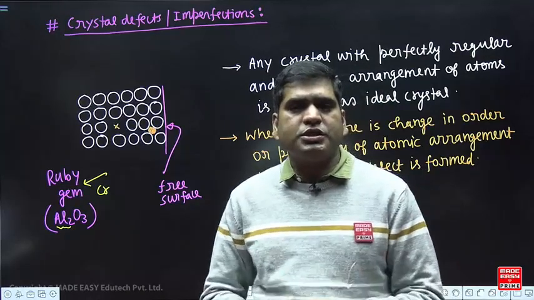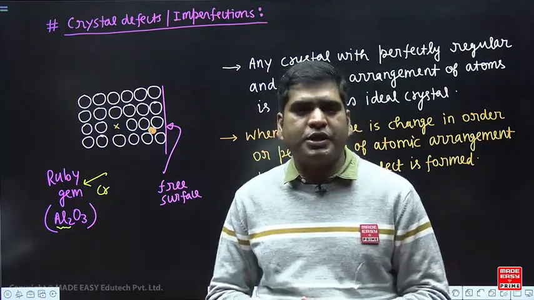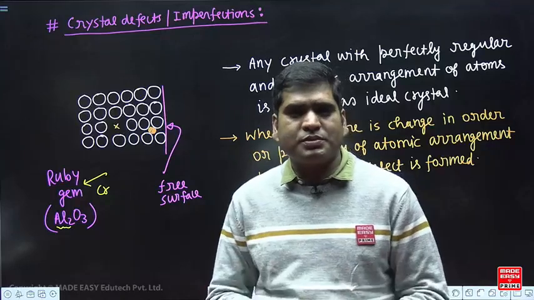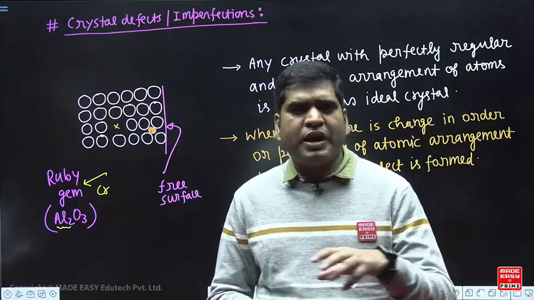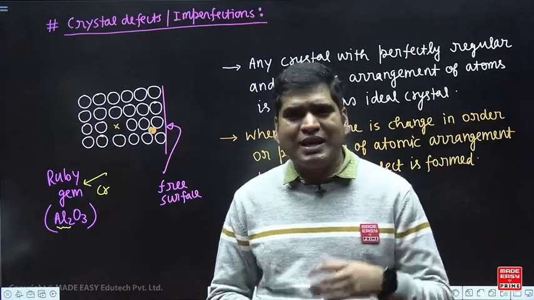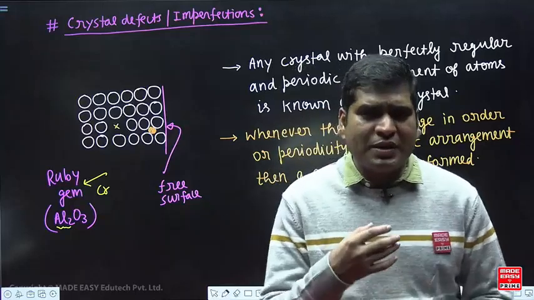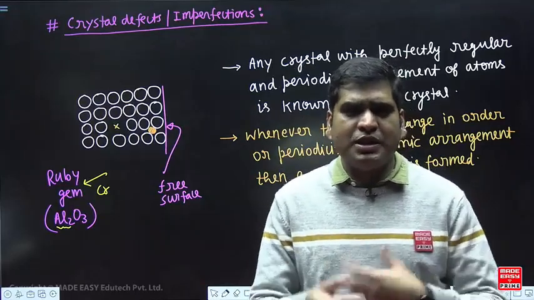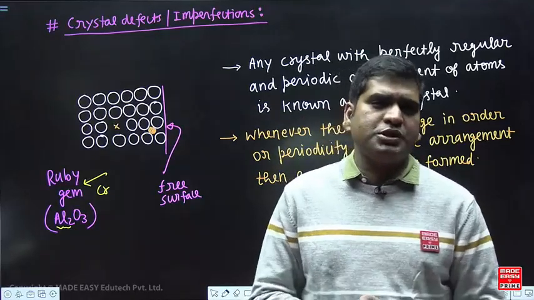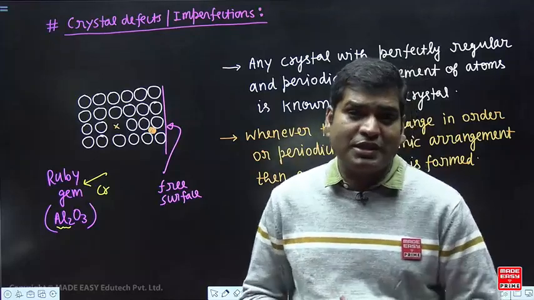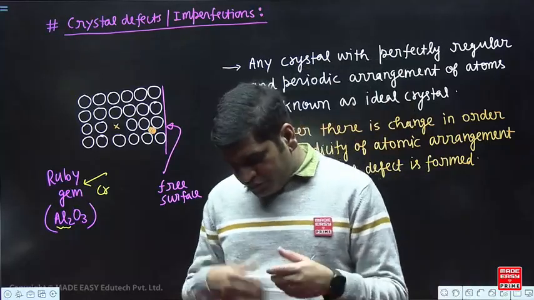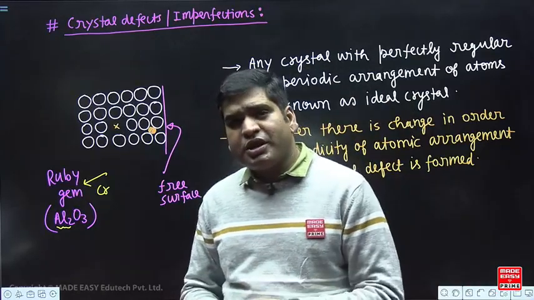But the resulting material will have a very shiny, very bright appearance, because chromium, manganese and cobalt are all coloring agents. So they give a bright appearance to the gem, and hence the value of the gem is enhanced.